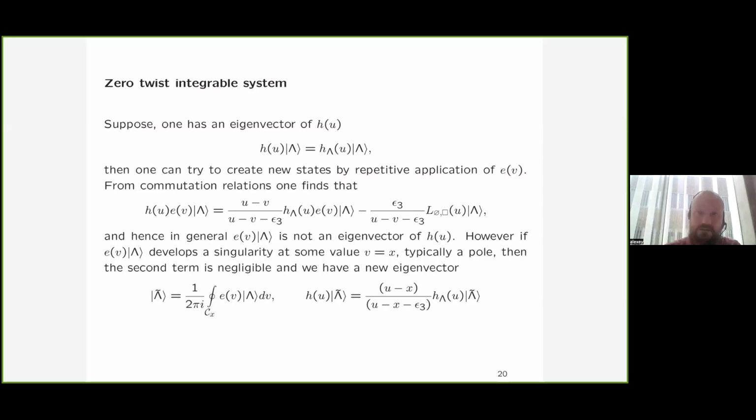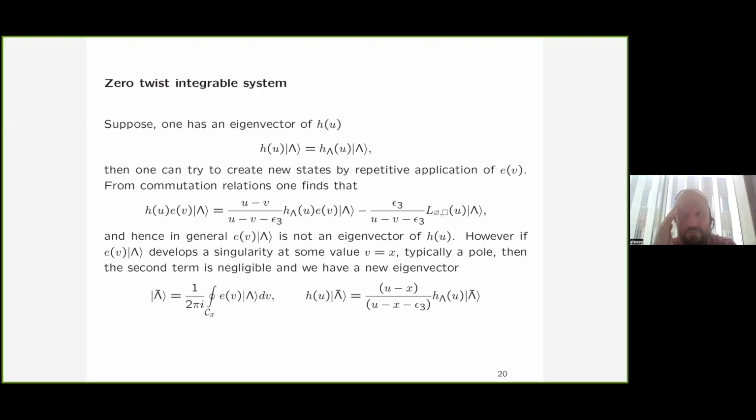Practically, you might try to create a new state by applying E to the state, but of course it doesn't work, because the commutation relations of H and E are not just permuted as in an ordinary SL2. There is this local term here. That's why in general E acting on Lambda does not create a new eigenstate.